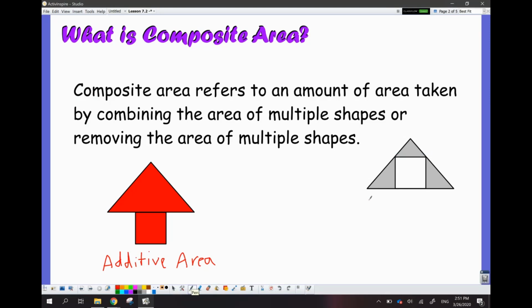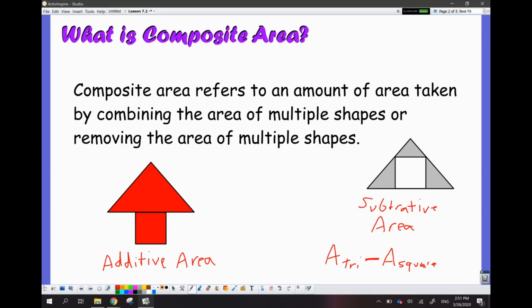And so this is what we mean by subtractive area, because now I have the area of the triangle, and I'm subtracting the area of the square, so area of the triangle minus area of the square.